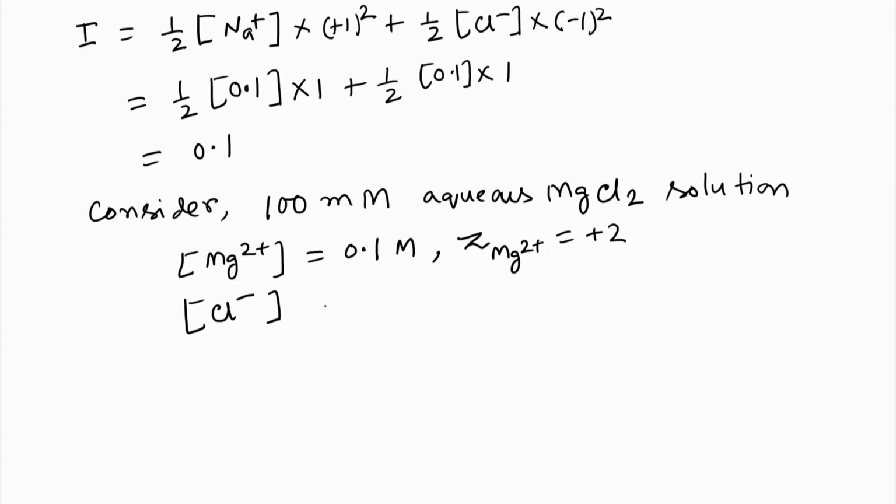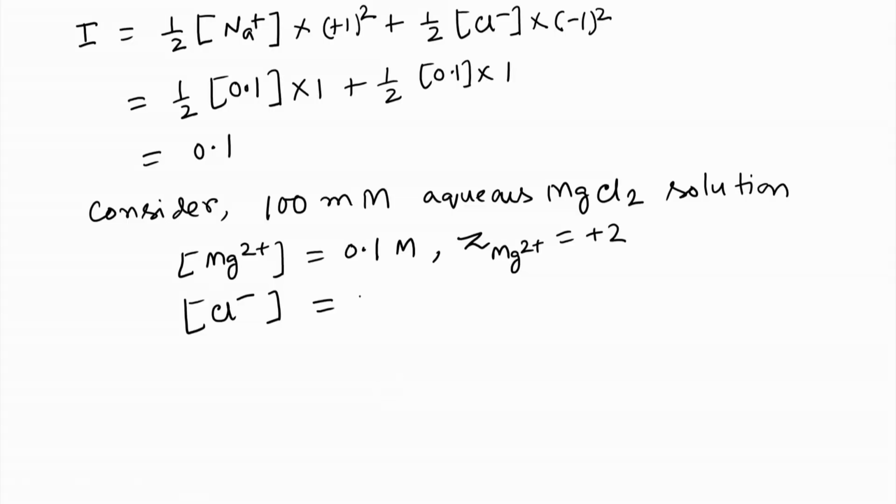One mole of MgCl2 dissolved in water produces 2 moles of chloride ion, so the concentration of chloride ion is 0.2 m, and the charge of chloride ion is -1.